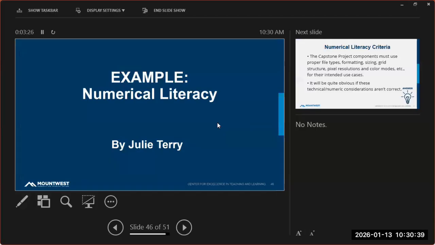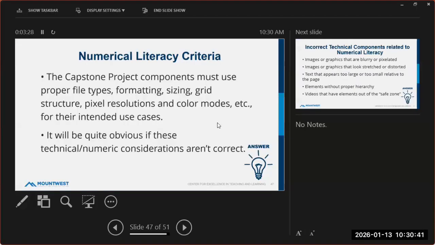Numerical, as it pertains to graphic design, is related to things like the correct formatting, resolution, color modes, file types, grids, and sizing.